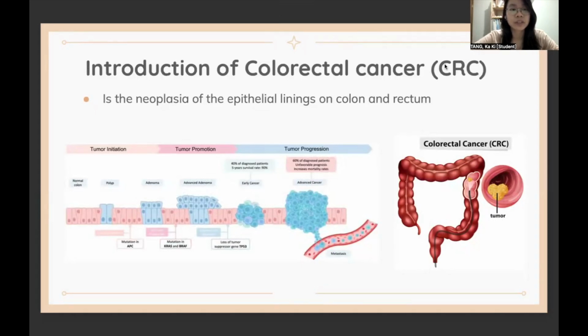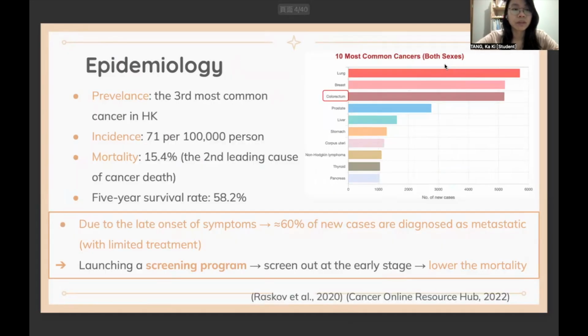Colorectal cancer is the neoplasia of the epithelial linings on colon and rectum. This is the third most common cancer in Hong Kong with a high incidence rate. And this is also the second leading cause of cancer death in Hong Kong, with a 5-year survival rate around 16%.